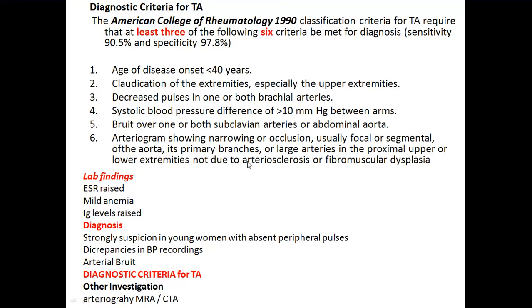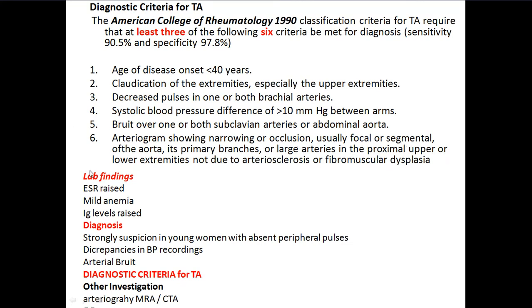You should differentiate whether the narrowing of the arteries is due to arteriosclerosis or fibromuscular dysplasia; in this case it is usually focal or segmental in the aorta. The aorta is the most important, and it should not be due to arteriosclerosis or fibromuscular dysplasia, involving the large proximal arteries in the upper and lower extremities.